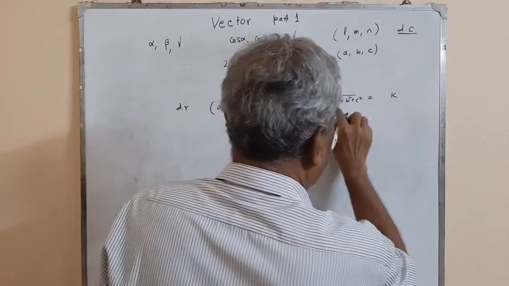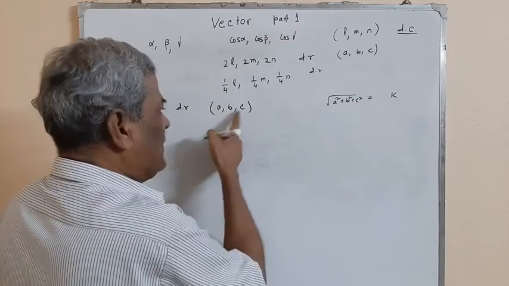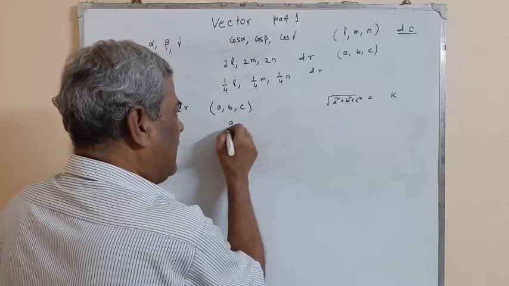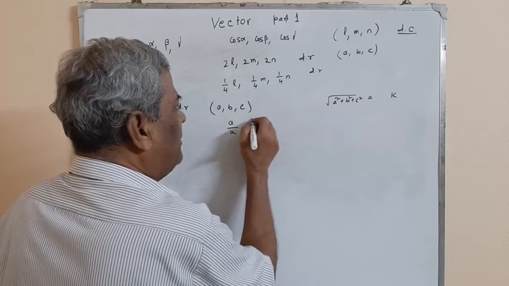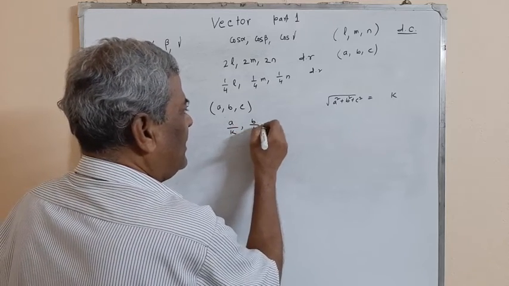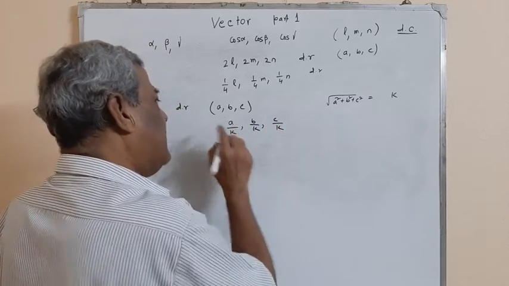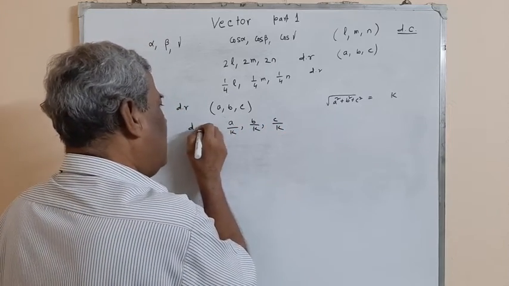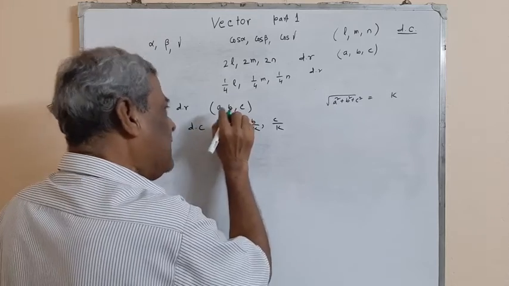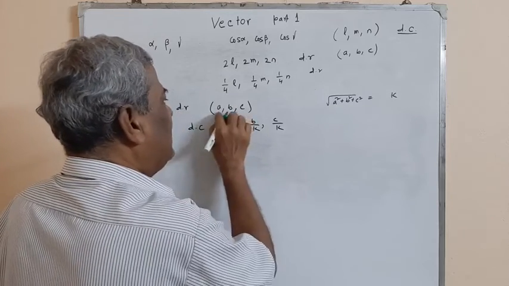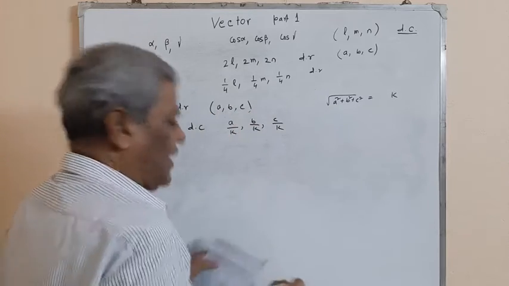Then a by k, b by k, c by k is the direction cosine of that vector whose direction ratios are a, b, c.